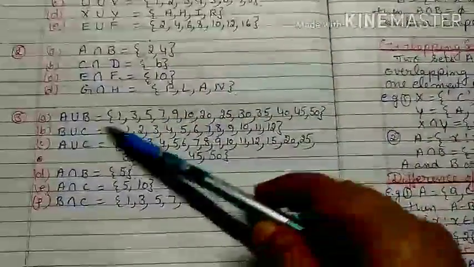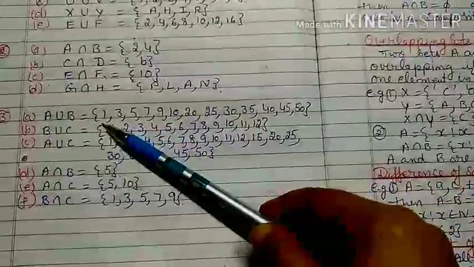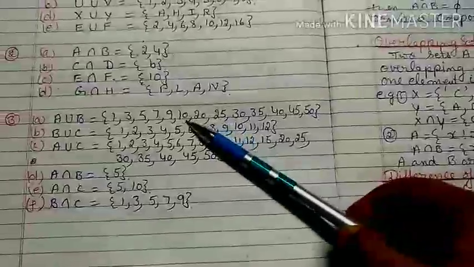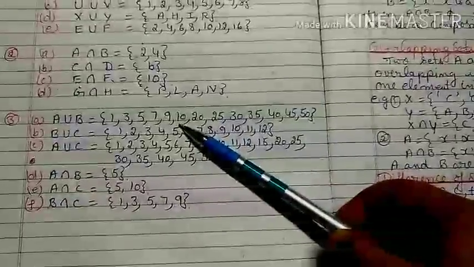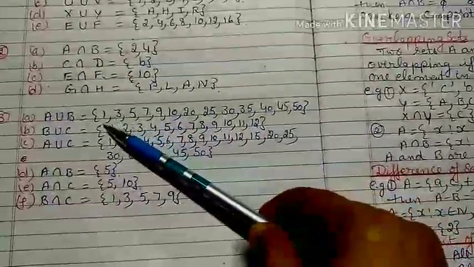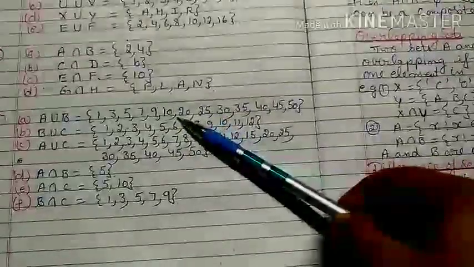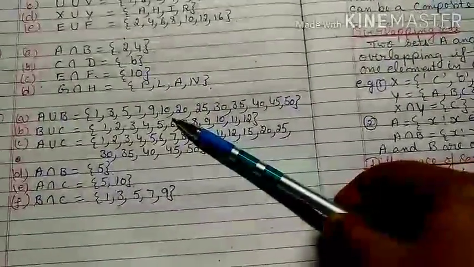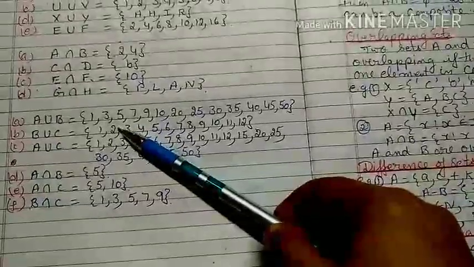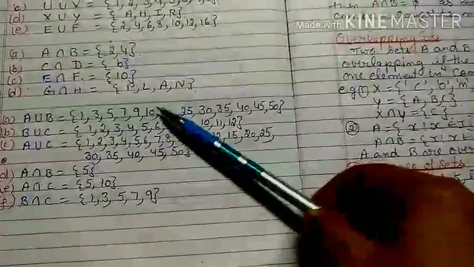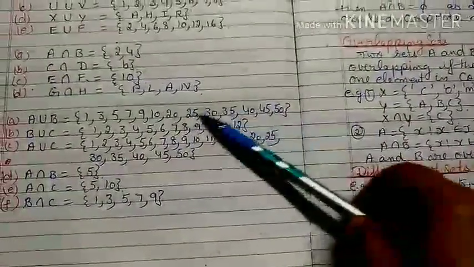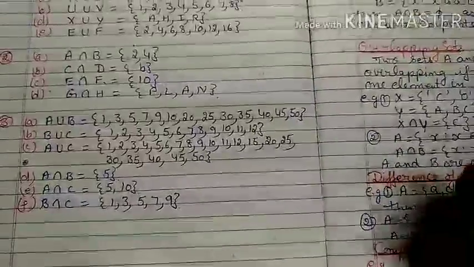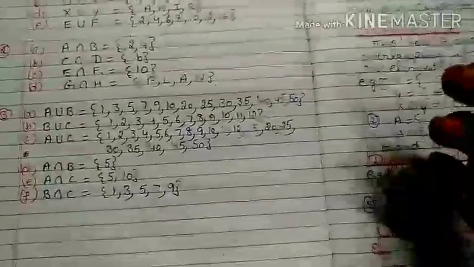Now if you write A union B, you have to write first all the elements of sets A and B. B set is the odd numbers and set A is the multiples of 5. So 5 is already considered, we do not write 5 again, then 10 to 50. The rest of the numbers of the table of 5 should be written in A union B.